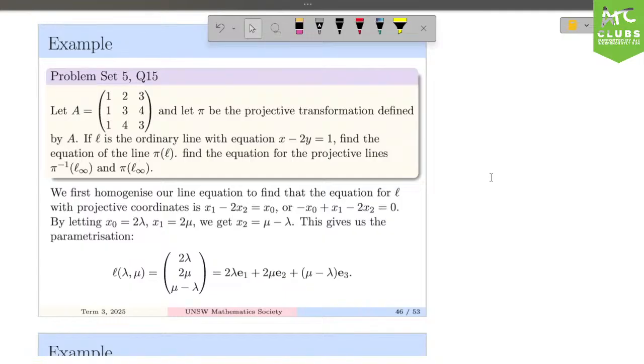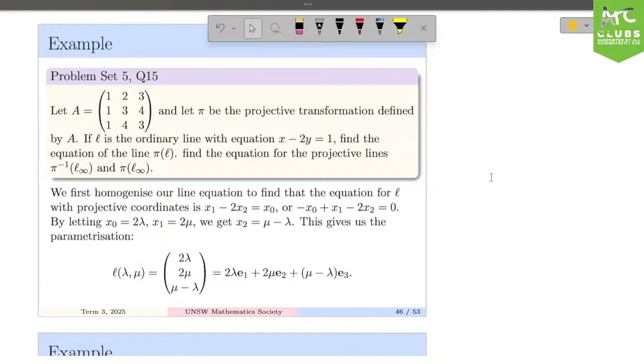And we have L, the ordinary line defined by x minus 2y equals 1. So we want to find pi of L, pi of the ideal line, and the preimage of the ideal line.